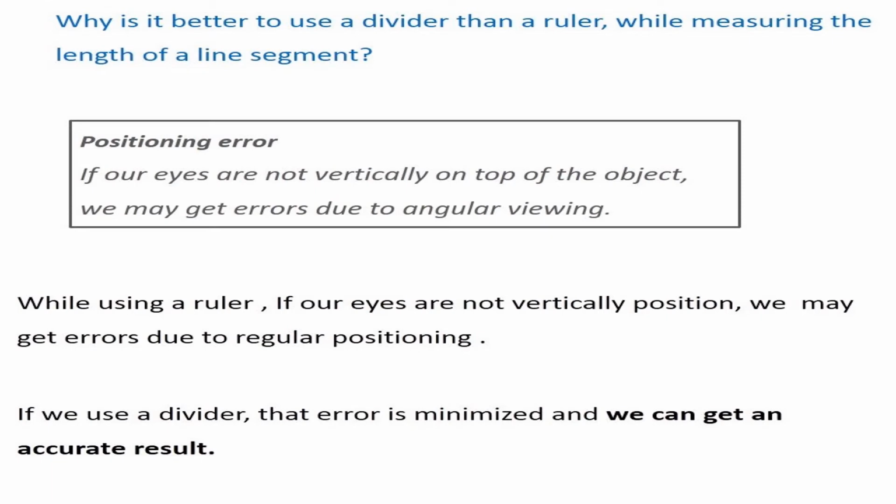Why is it better to use a divider than a ruler while measuring the length of a line segment? When we measure a line segment using a ruler or a divider, which one is better? Compared to the ruler, the divider is better. Why? Because while using a ruler, if our eyes are not vertically positioned, we may get errors due to angular viewing.